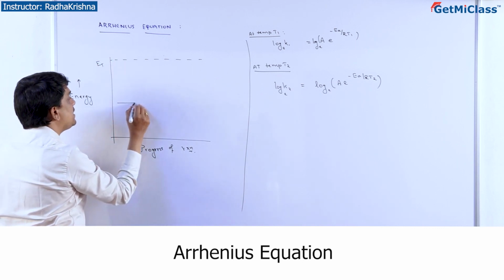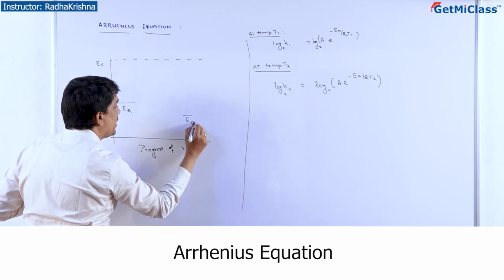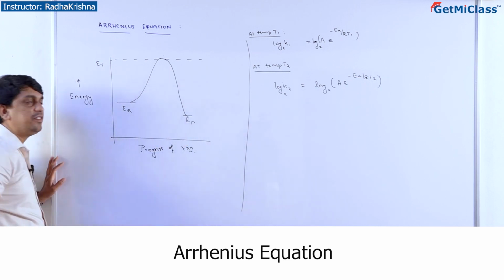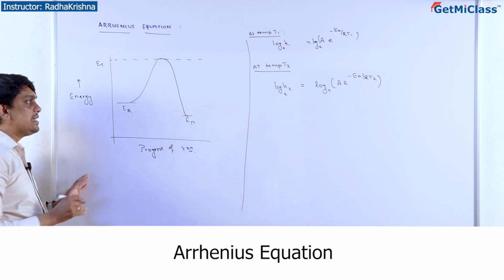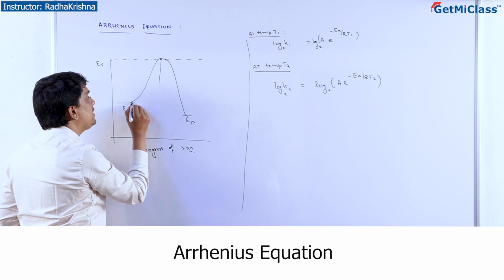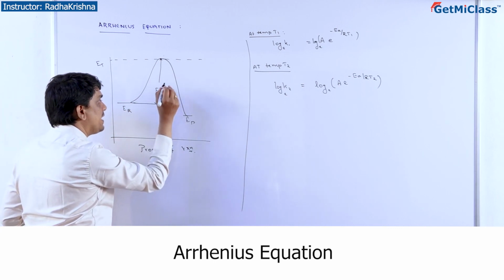If this is the energy of reactant and this is the energy of product and this is the profile of the reaction graph. Now everyone see this, the peak and the energy of reactant, this difference is called activation energy.